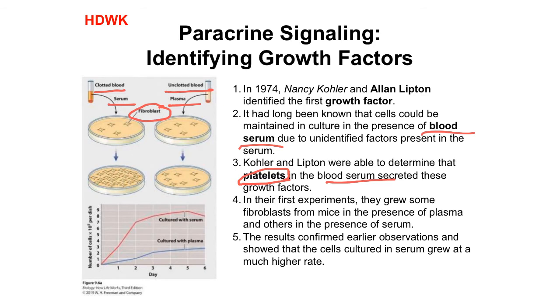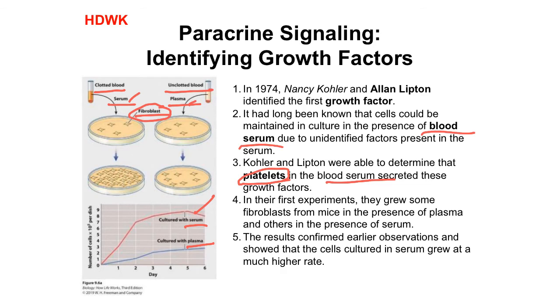So they can grow this in culture, and here what they did was to compare the rate of division of fibroblast cells in the presence of either serum or plasma. And what they have seen is that the cells that grow in serum actually grow much faster than those that are grown in plasma.